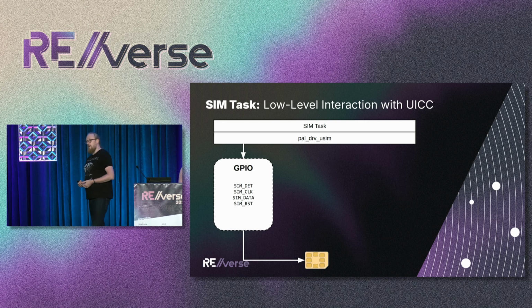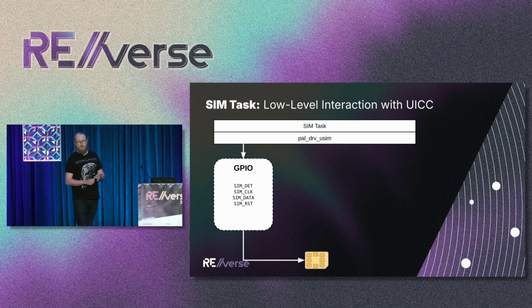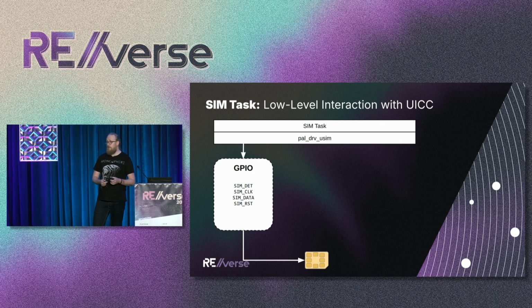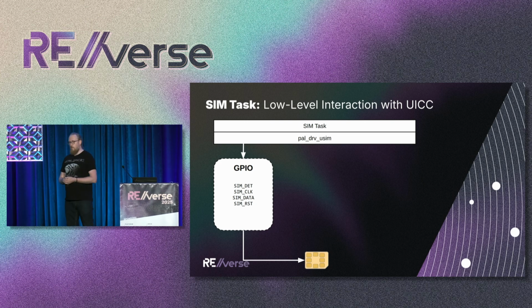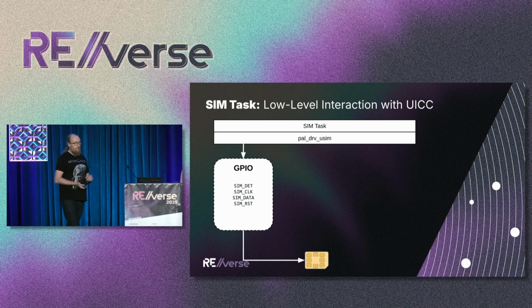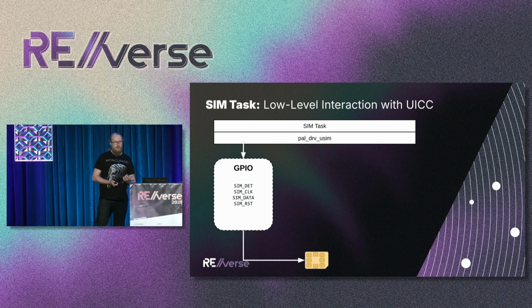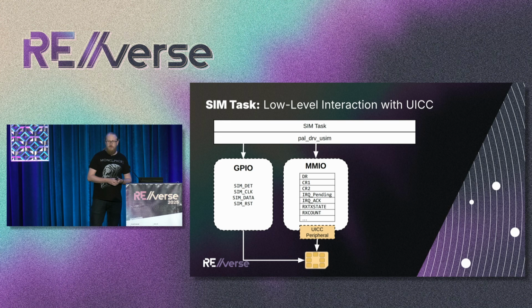First, there's a GPIO interface, which is connected to a couple of different GPIOs related to the SIM, for instance SIM detected or SIM reset, which just checks whether the SIM is inside the phone or not, or whether a reset was triggered by external means. Then for actual data communication between the CP and the SIM, it uses memory mapped I/O.